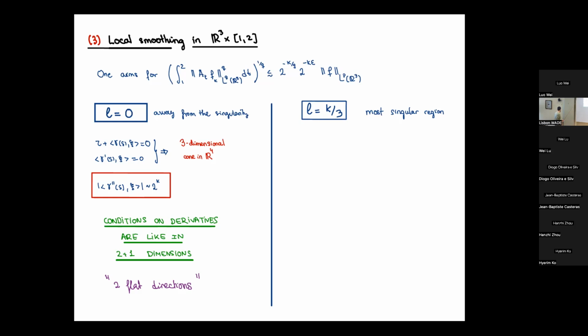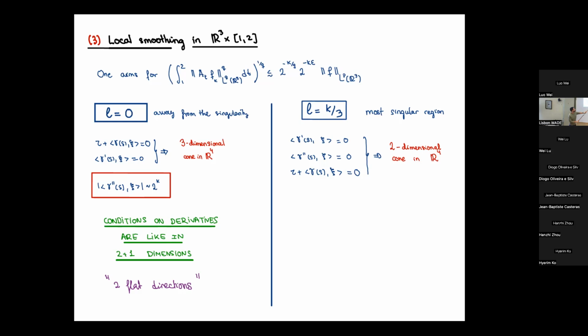And then there is the other case, the most singular region, the one corresponding to that red cone. In there, I have the two conditions from before, the tau condition and the gamma prime condition, but I also have that this vanishes. I have to use third-order derivatives, so now I have three conditions.